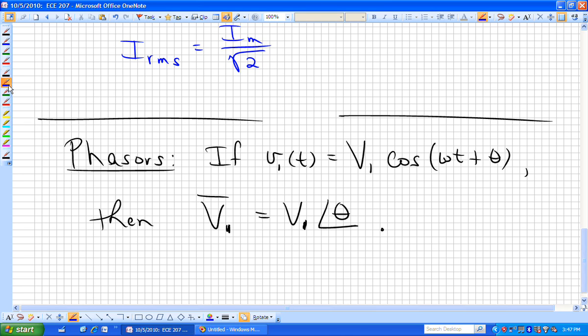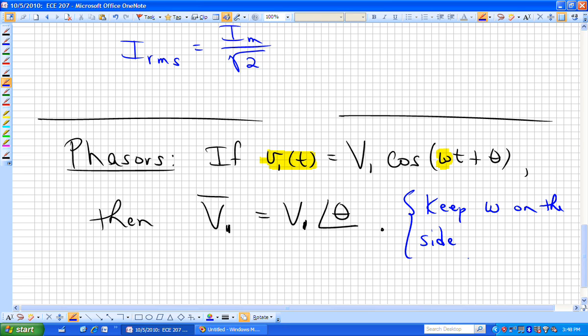What you may want to keep in mind, though, is that that corresponds to a particular time domain signal, this guy, at a particular frequency, and we sort of maybe lose track of that, but you need to keep that in mind. And so you may want to keep this omega on the side.